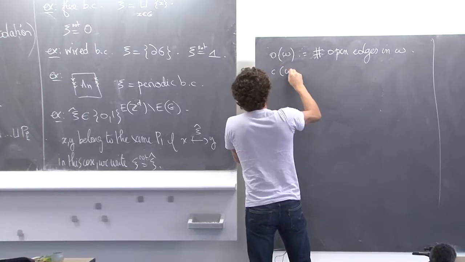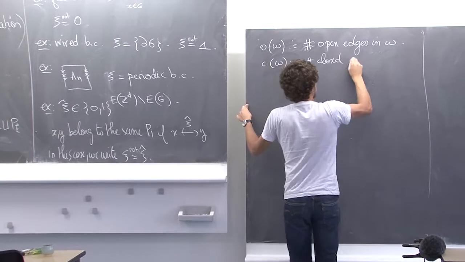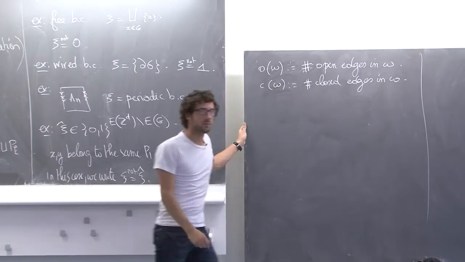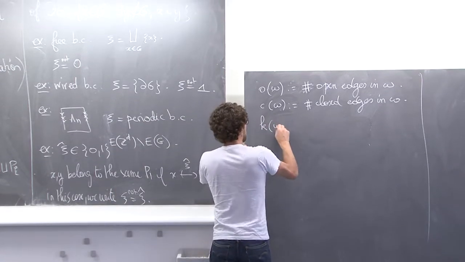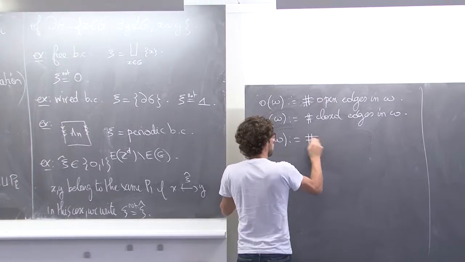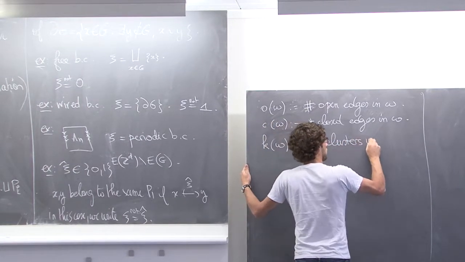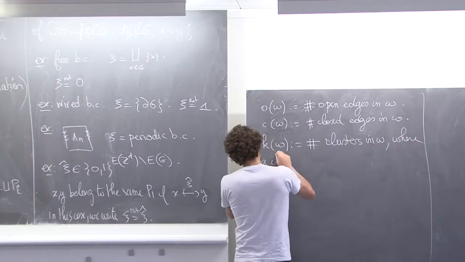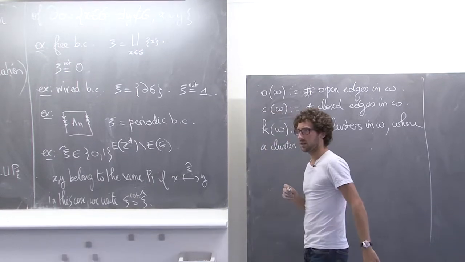Let's call C of omega the number of closed edges in omega. And let's call K of omega the number of clusters in omega, where a cluster is, I already defined cluster, no?